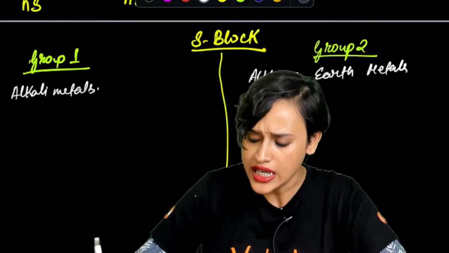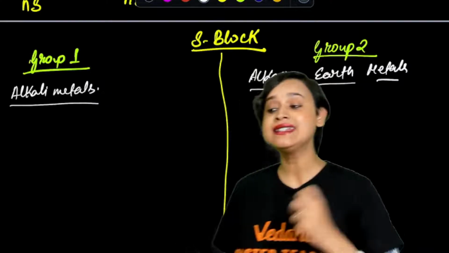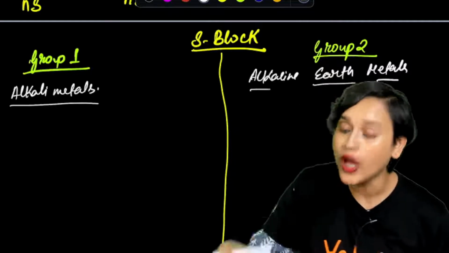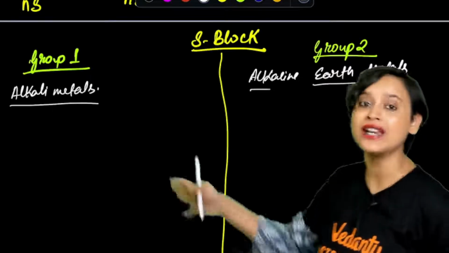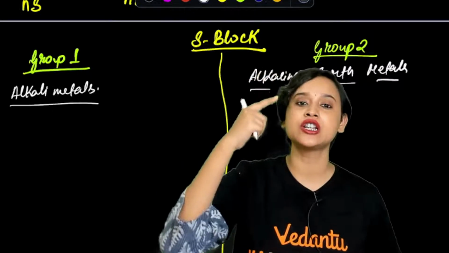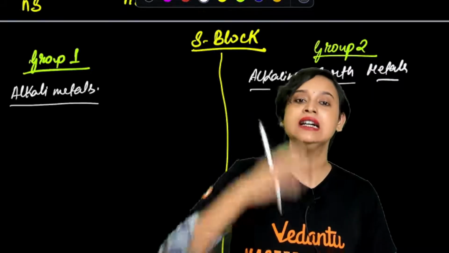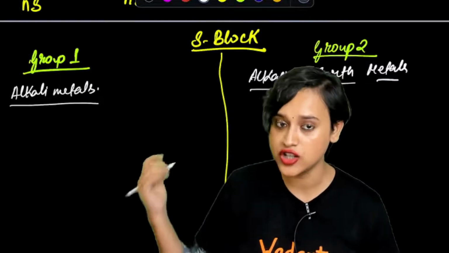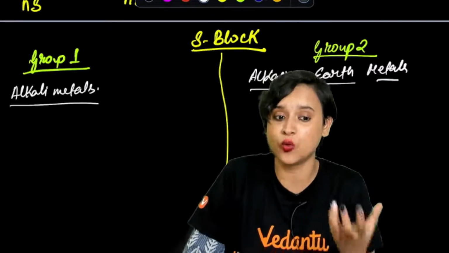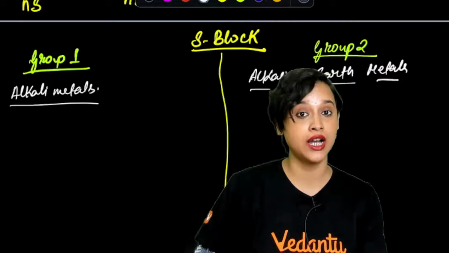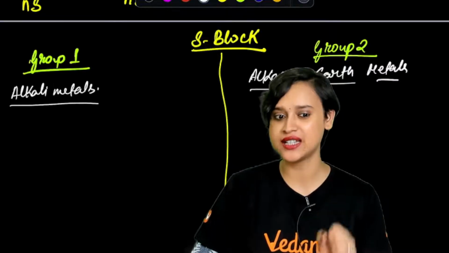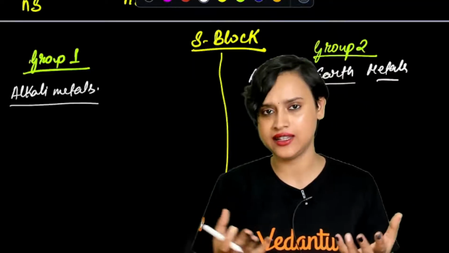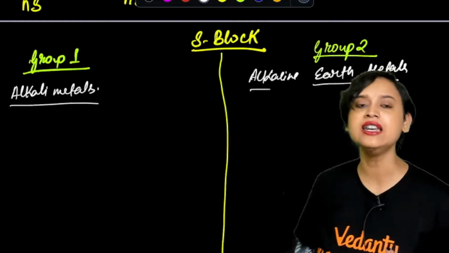Now, if anybody has an NCERT book right in front of you, then in the NCERT book, you will find that when the Group 1 elements, that is lithium, sodium, potassium, rubidium, cesium, francium, react with water, they form hydroxides. And these hydroxides, my dear students, are very strongly alkaline in nature, hence the name alkali metals.